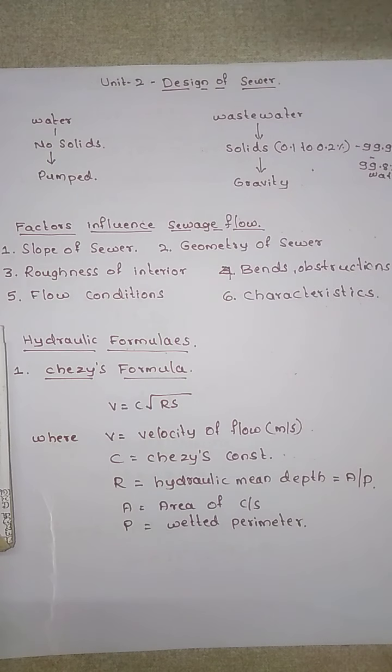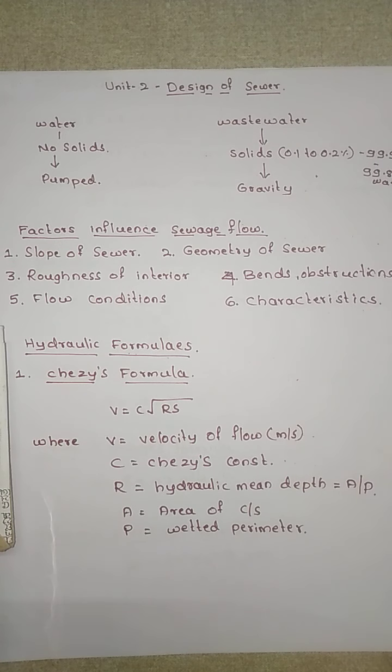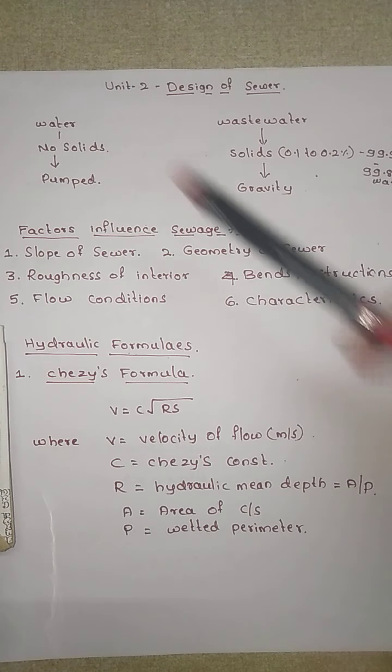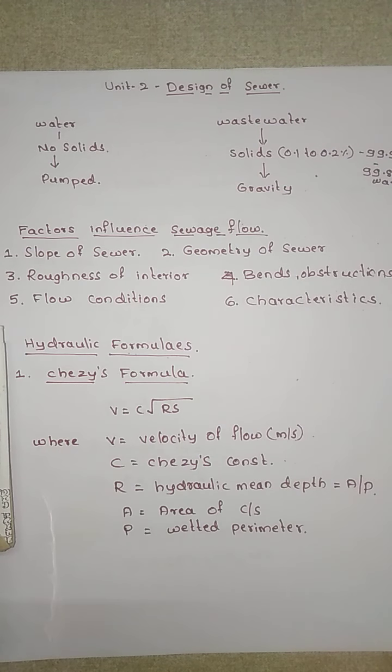Okay, now let us discuss the design of sewer. When we look at the water carriage system, that is the water carrying pipelines, they have no solids in them, and where there is an increasing or decreasing gradient, we use pumps in water supply lines.